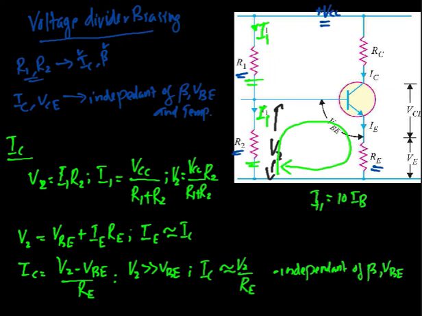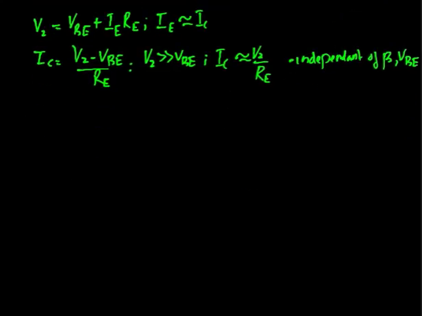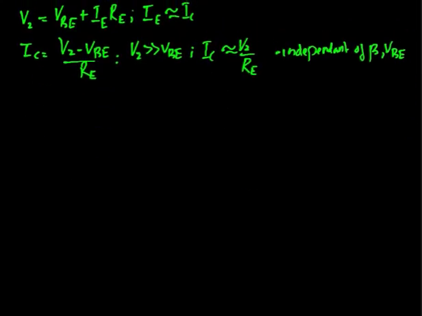Now again using this equation, we can write V2 is equal to VBE plus IE RE. Since IE is approximately equal to IC, we can write it as IC RE.